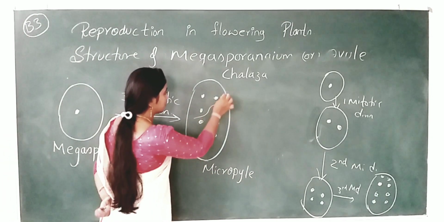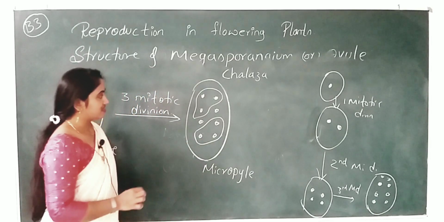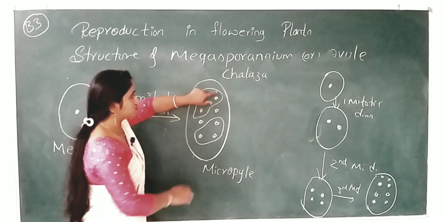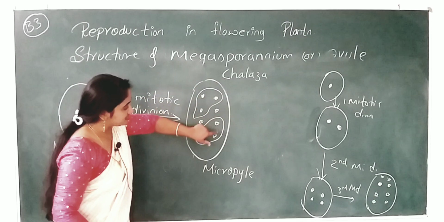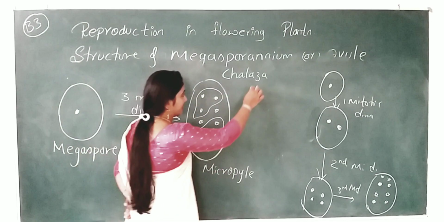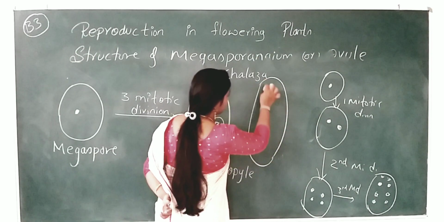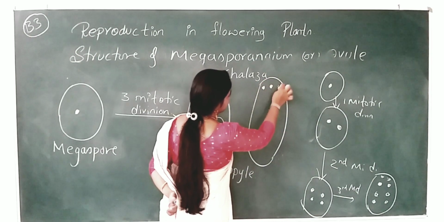3 nuclei move to the chalazal end, and these 3 move to the micropylar end. How will it be? It looks like this.